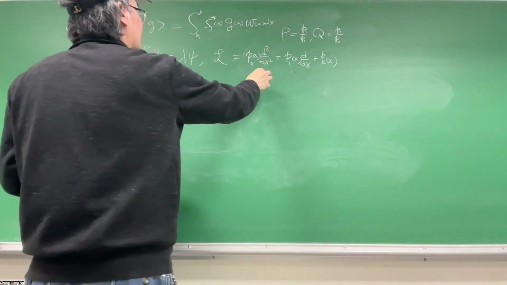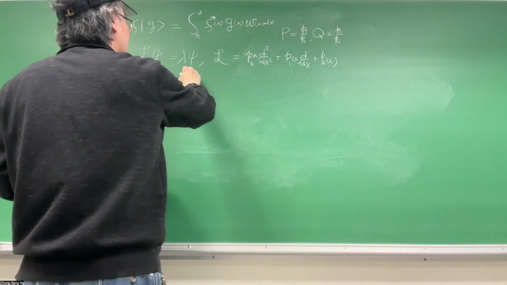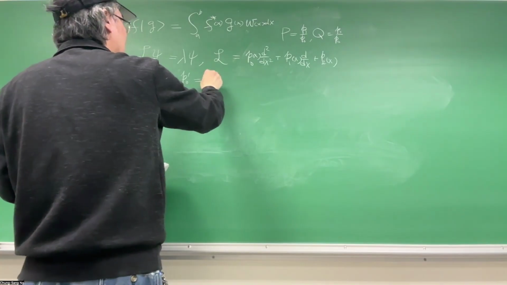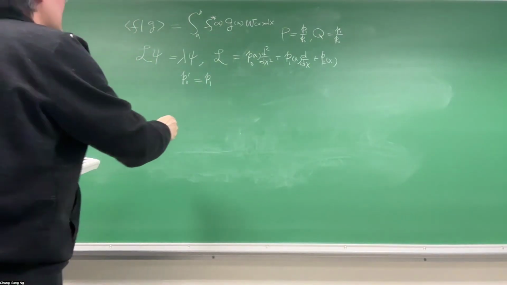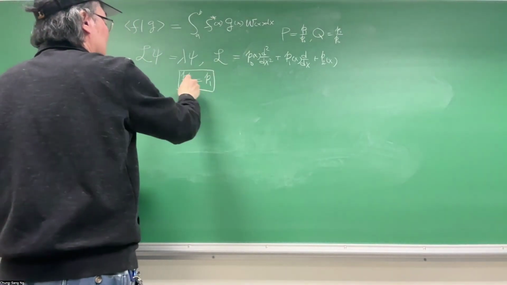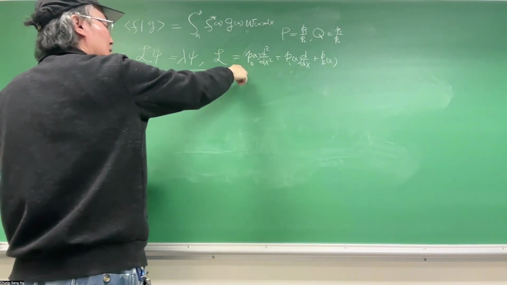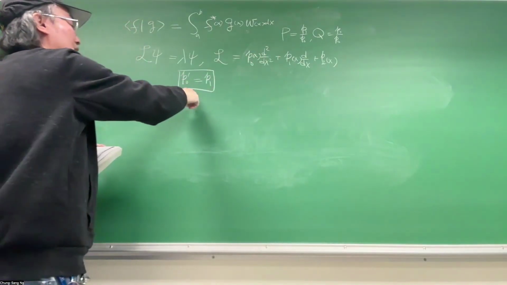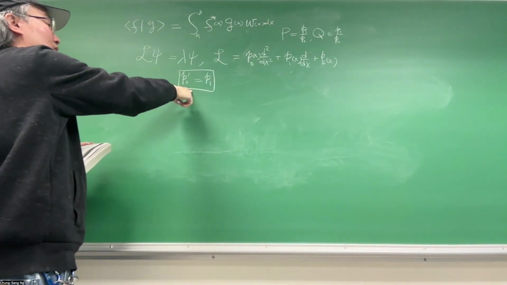The condition is that P sub 0 prime equals P sub 1. This is just one condition for given P sub 0, P sub 1, P sub 2. If this is satisfied, we call it self-adjoint.